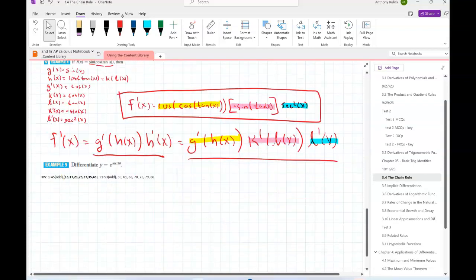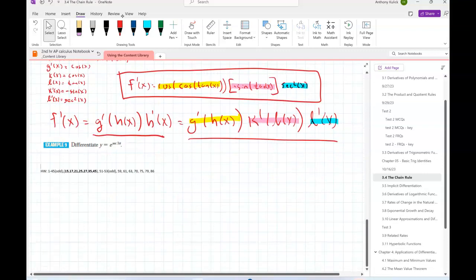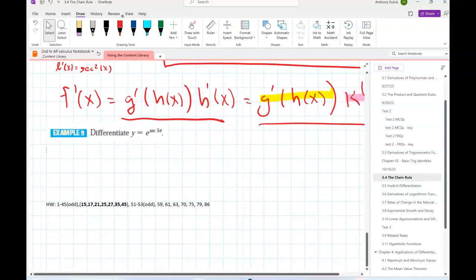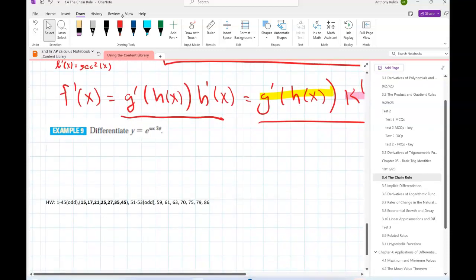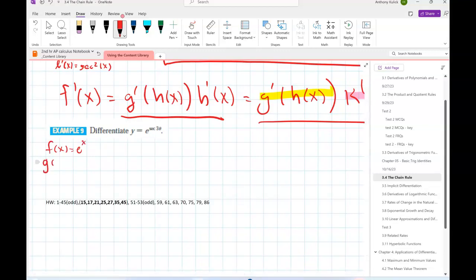All right, we have one more example. When we look here, e to the secant of 3 theta. Yeah, that's the outer. So the inner, okay.